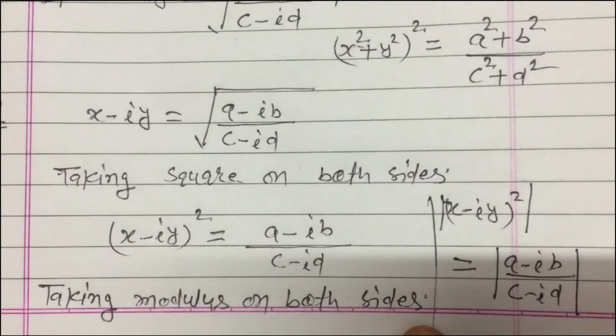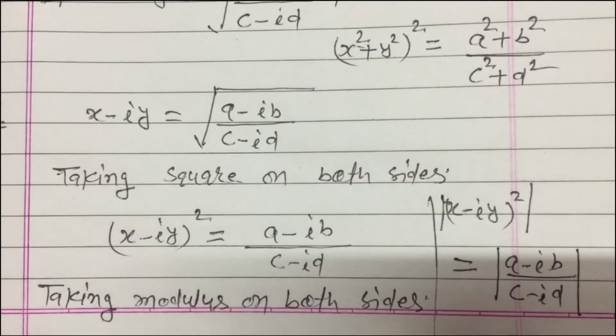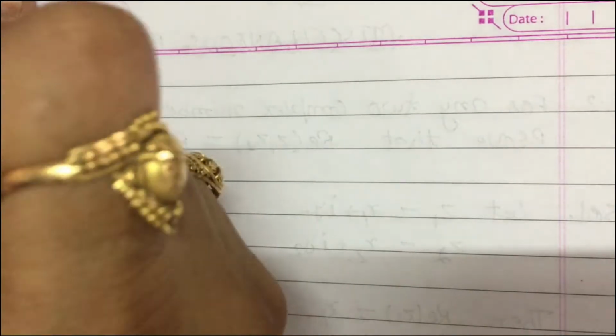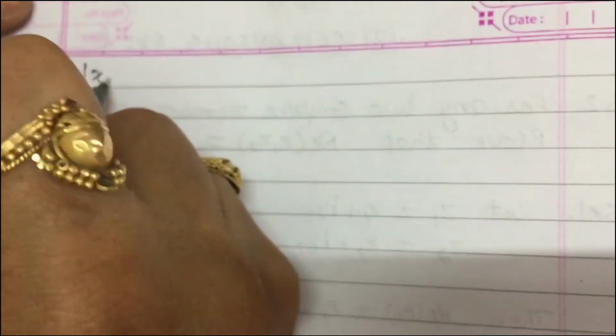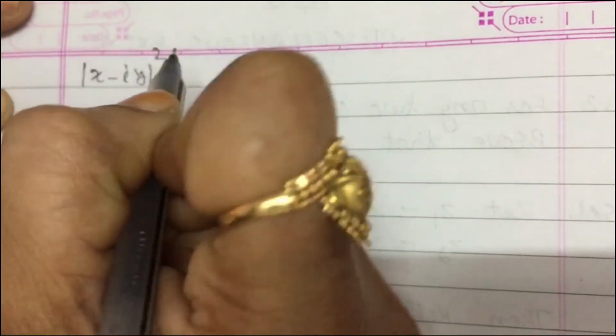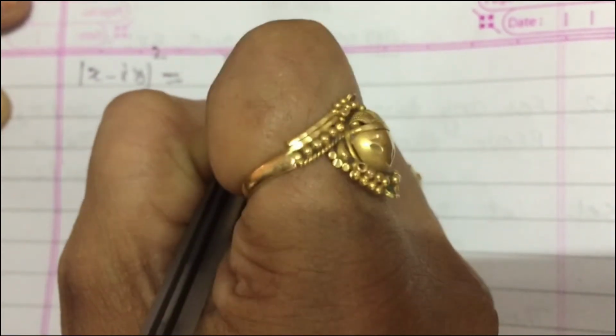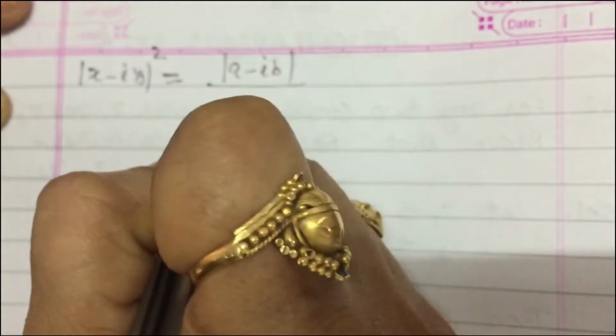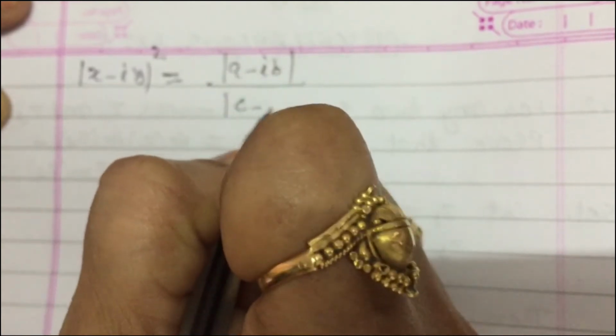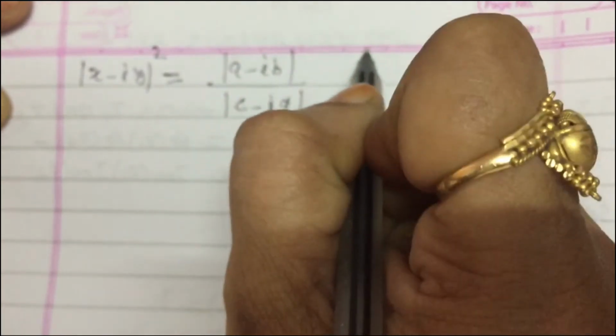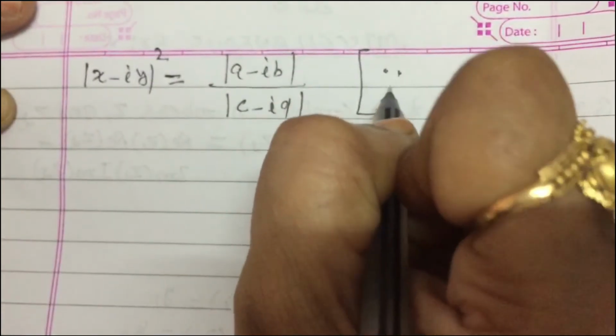Now we have to apply the properties of complex numbers. First, modulus of x minus iy whole square is equal to mod of a minus ib, and in the denominator mod of c minus id. And you have to write the properties.